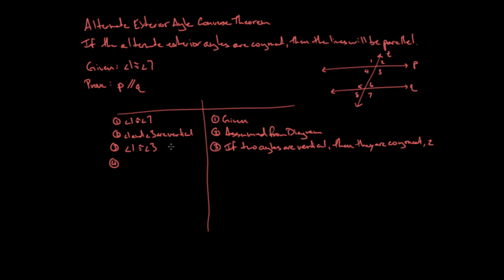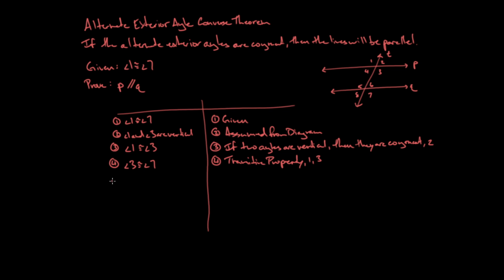So angle 1 is congruent to angle 3, which then lets me say that angle 3 is congruent to angle 7 by the transitive property, our favorite property. That is linking together statements 1 and 3. Now that I have angle 3 and angle 7 congruent, these are corresponding angles. And what do we know? Well, it's our one postulate that proves that lines are parallel: if the corresponding angles are congruent, then the lines are parallel.